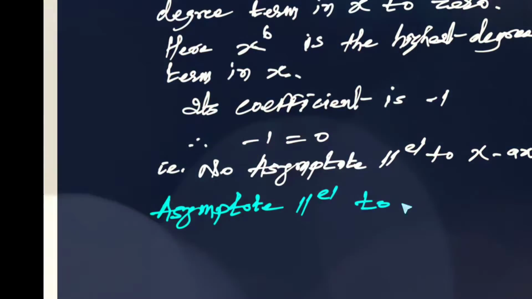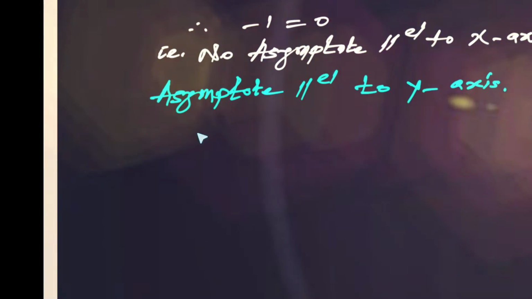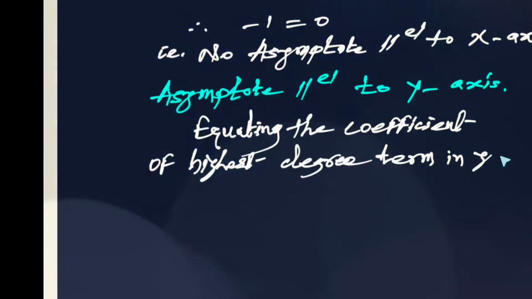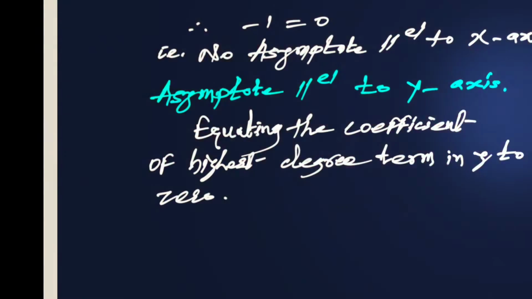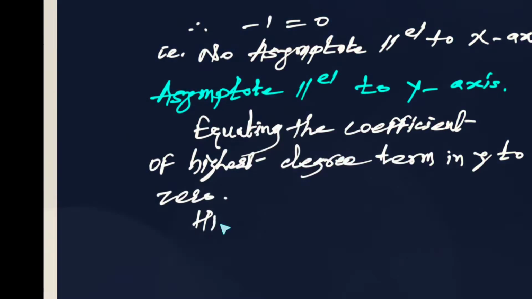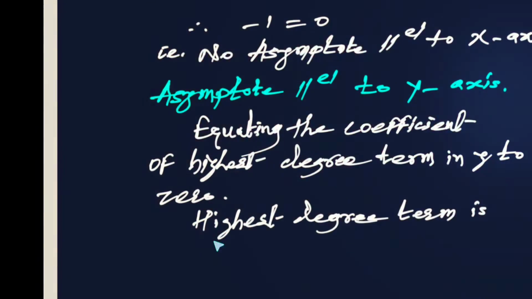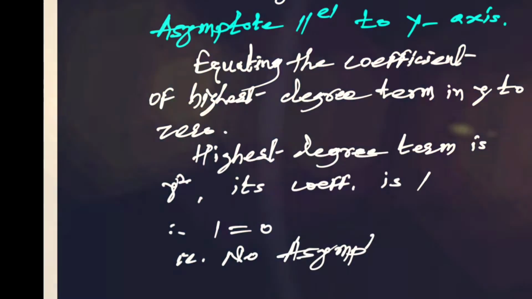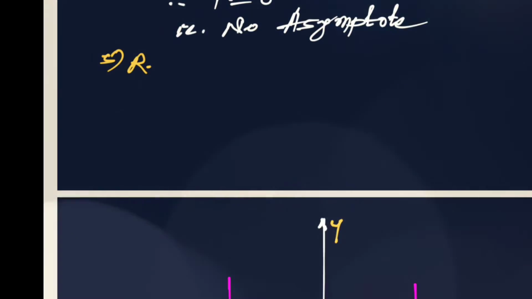Then asymptote parallel to y-axis, same procedure, coefficient of highest degree term in y. Highest degree term here is y square, its coefficient is 1, and equating it to 0, we get 1 equal to 0, means again no line, means no asymptote. 1 equal to 0 does not represent any line, means for this curve we don't have any asymptote.